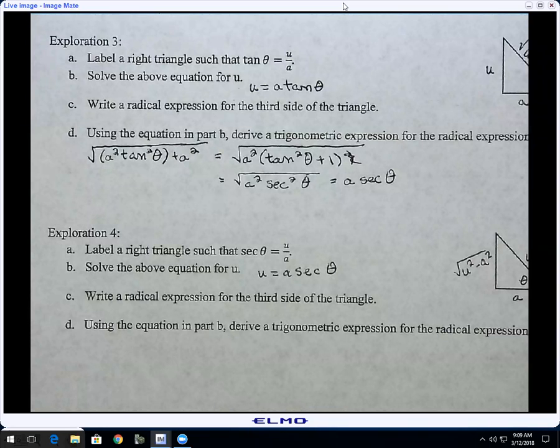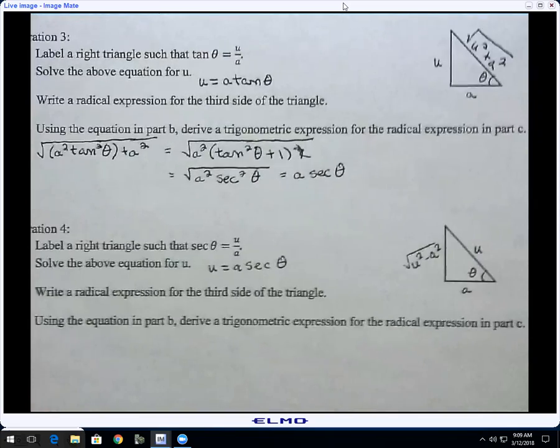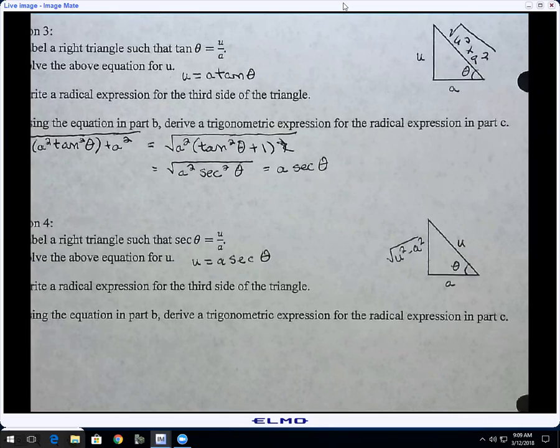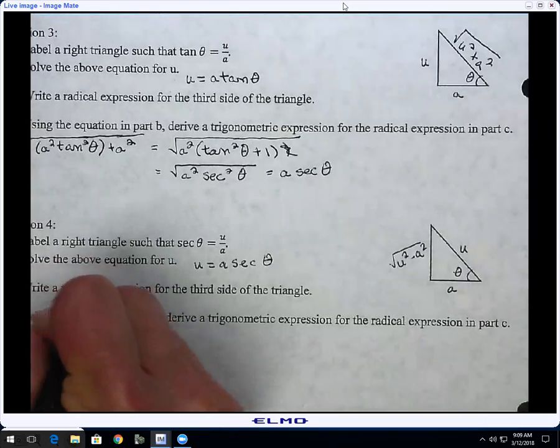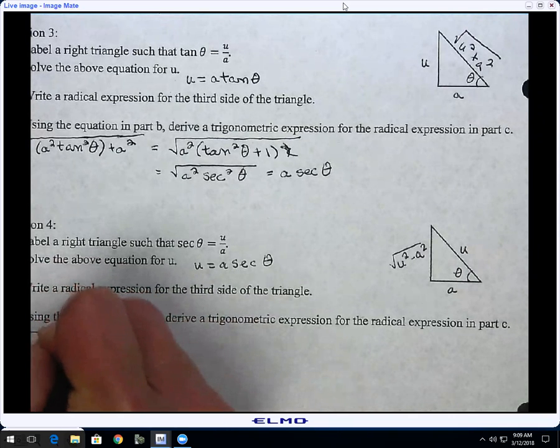Finish exploration 4 the same way. See what square root of u squared minus a squared becomes if we put a secant theta in place of u.